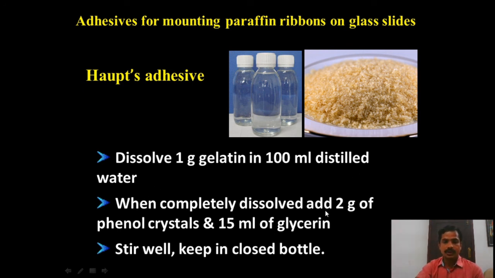When completely dissolved, add 2 gram of phenol crystals and 15 ml of glycerin. Stir well and keep in a closed bottle. And you can use 1 or 2 drops of this solution for fixing the ribbons on the slide.